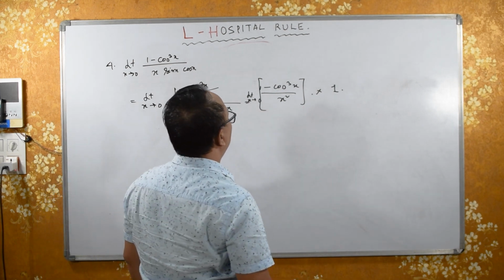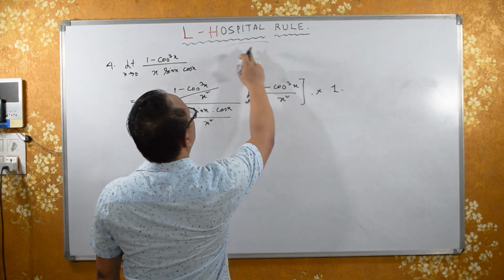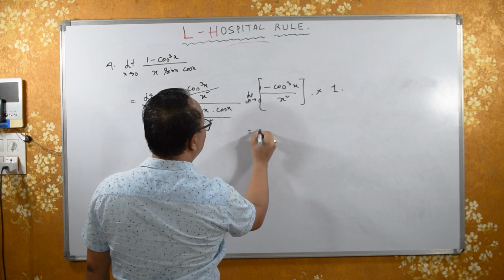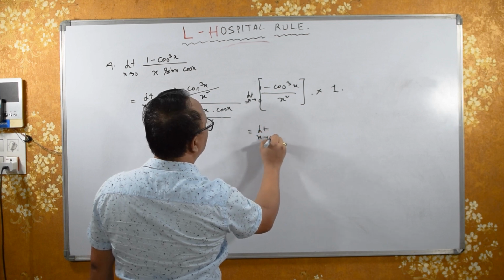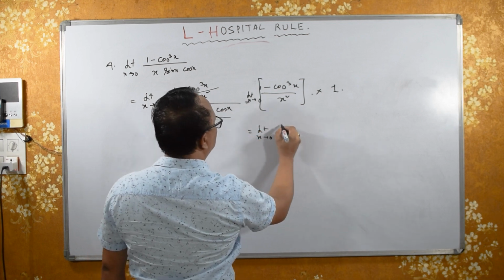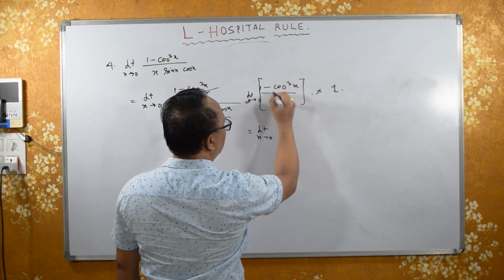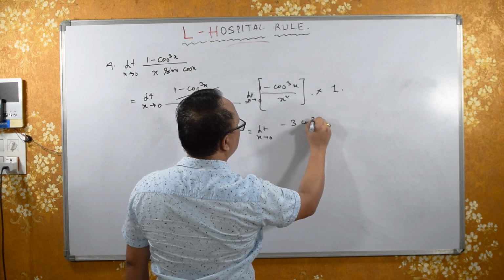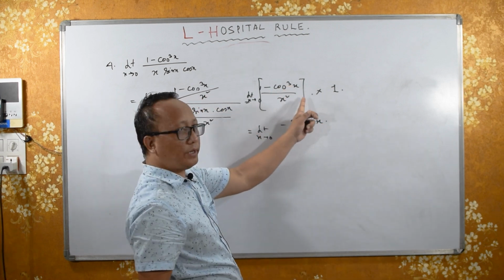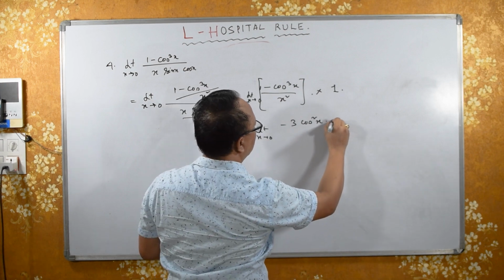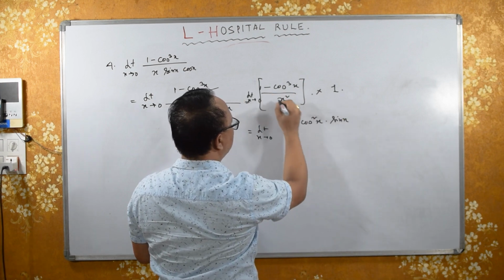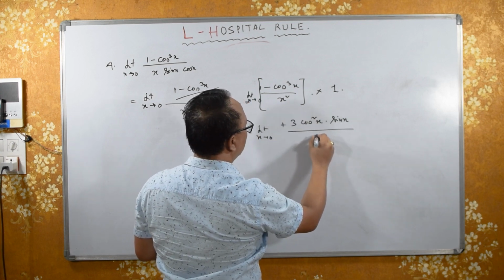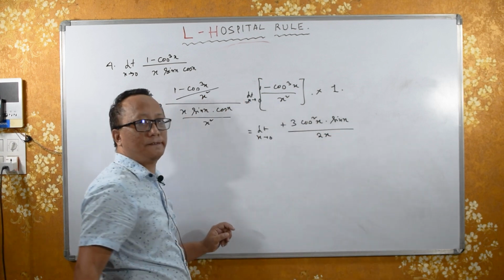Now here, if I differentiate by applying L'Hopital rule, differentiating numerator and denominator, let's see how it works. When limit x tends to 0, 3 cos square x sin x upon differentiation of x square, which is twice x.